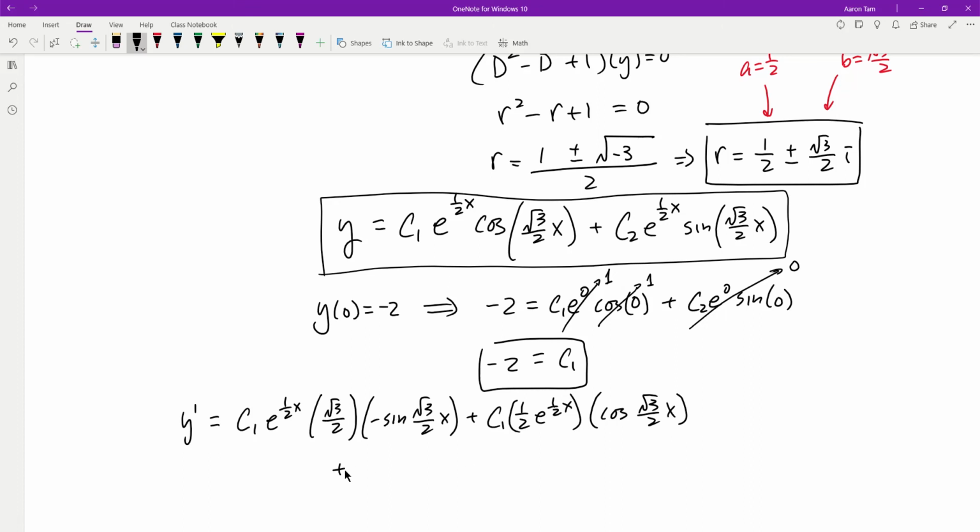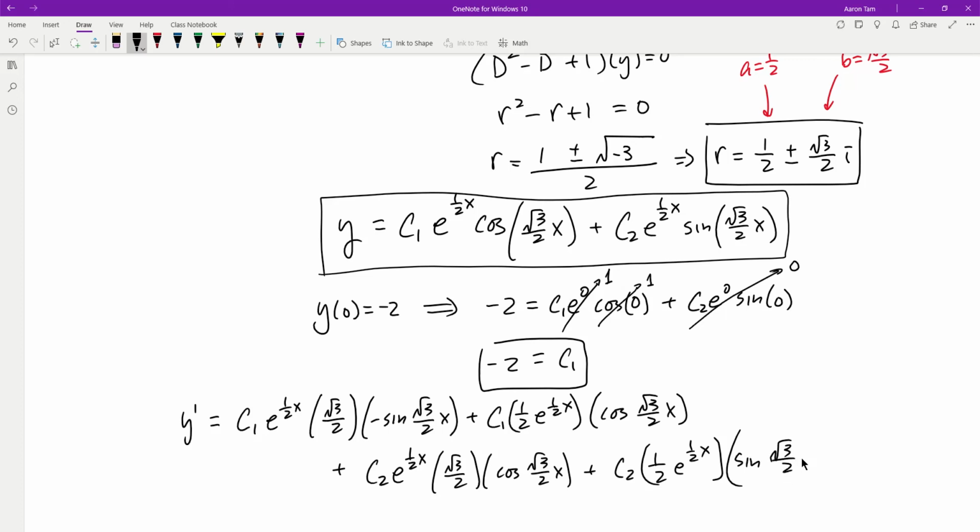Plus, I'm going to do the product rule for the second part the same way: C2 e to the 1/2 x multiplied by rad 3 over 2 and cosine of rad 3 over 2 x, plus C2 times 1/2 e to the 1/2 x multiplied by sine of radical 3 over 2 x.